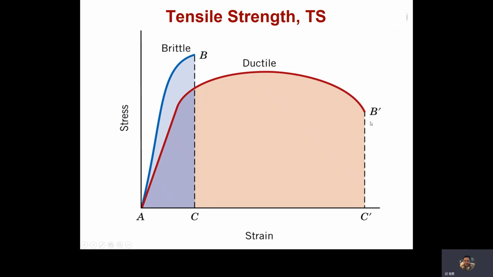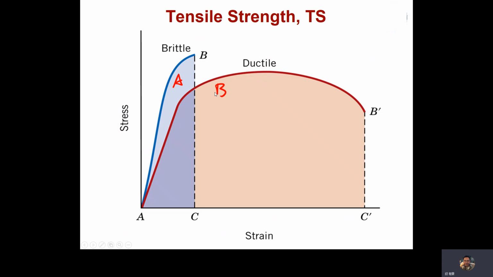Okay, so we can compare brittle and ductile materials with their tensile tests. For example, this one is material A and this is material B. From this stress and strain curve, we can realize that material B is more ductile, and material A is brittle.